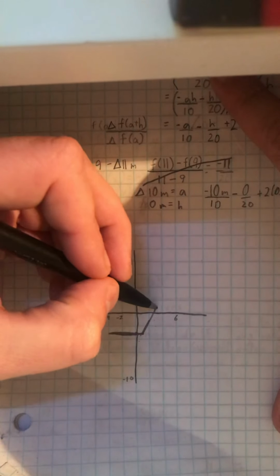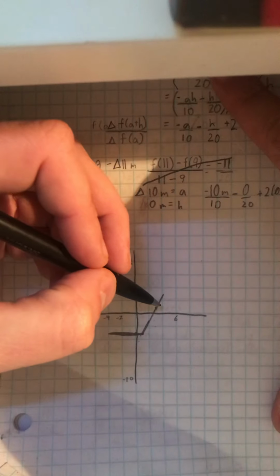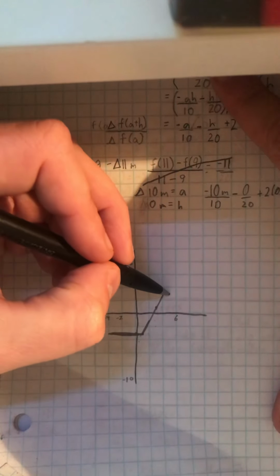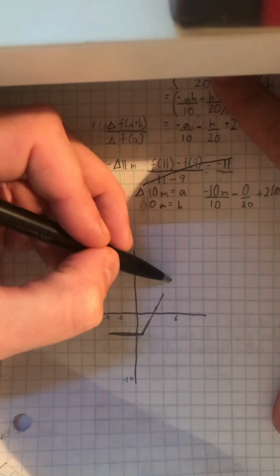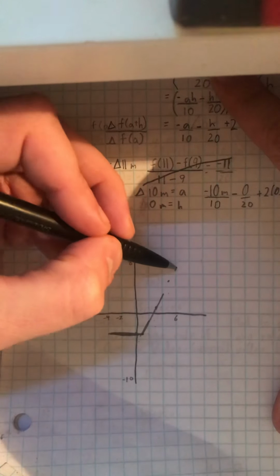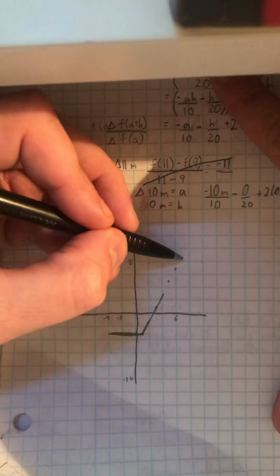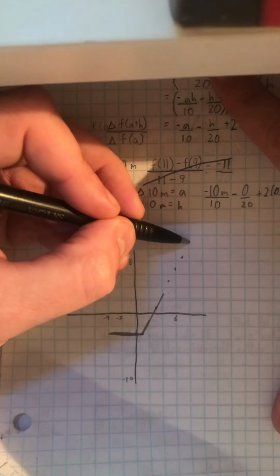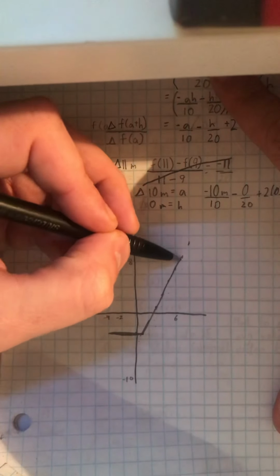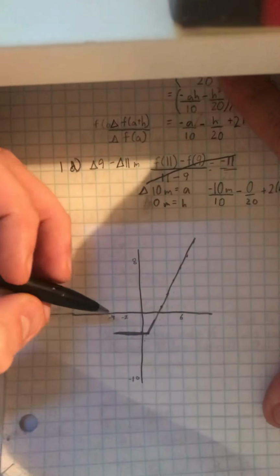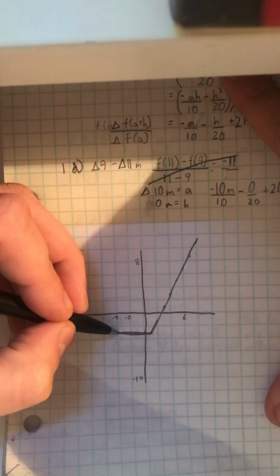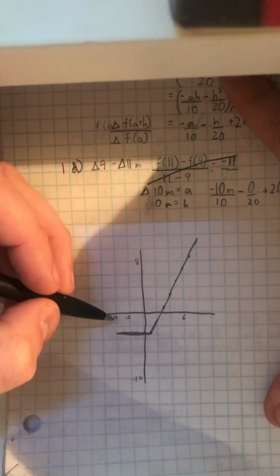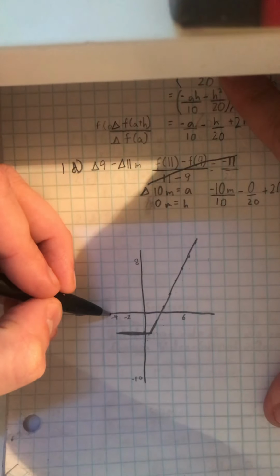1, 2. And let's just keep on going all the way to 10. 1, 2, 1, 2, 1, 2. All right, that's okay. And this part of the graph goes to -5. So at -5 it equals 0.